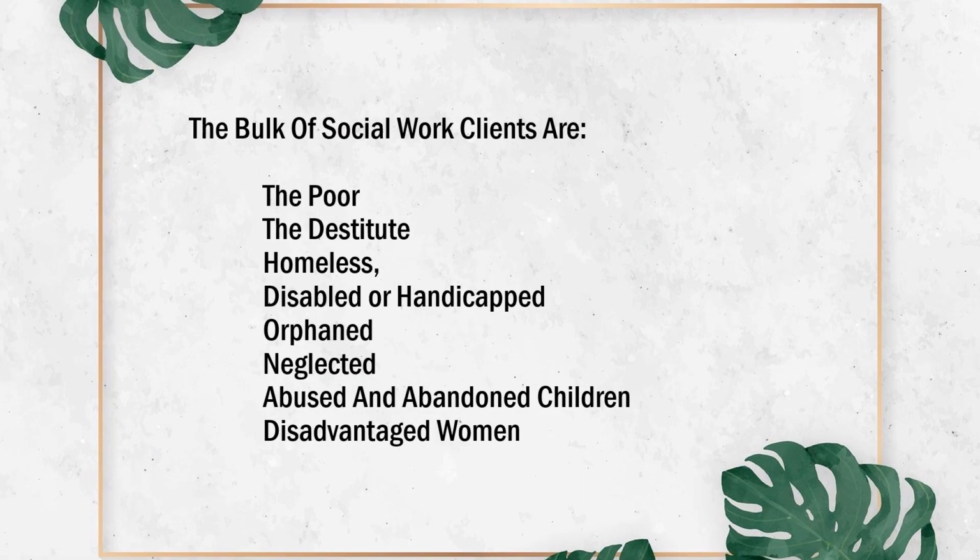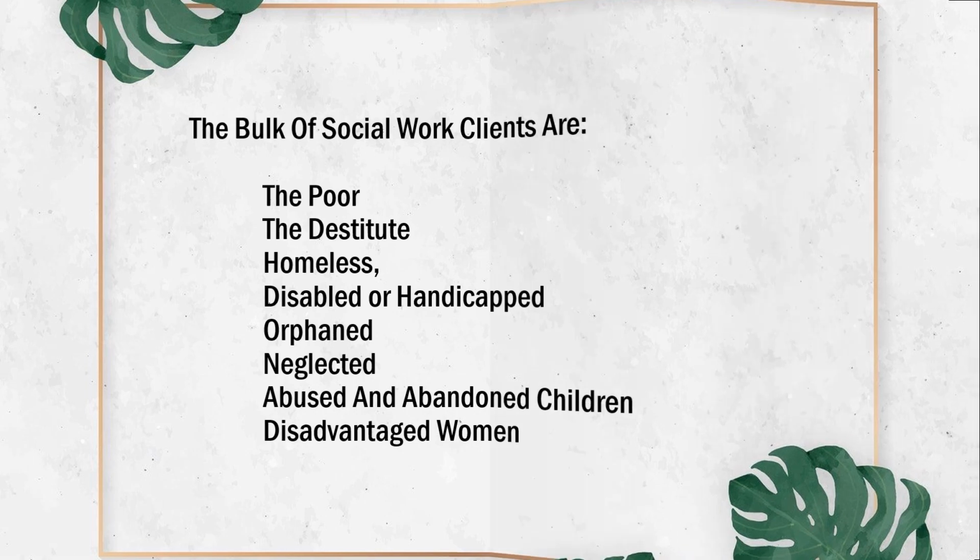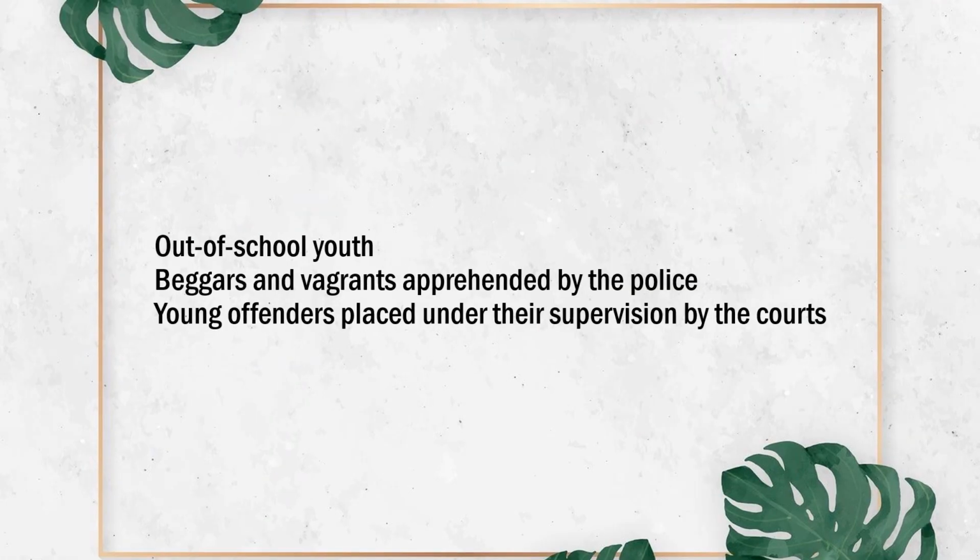The bulk of social work clients are the poor, the destitute, homeless, disabled or handicapped of many third world cities, orphaned, neglected, abused and abandoned children, or disadvantaged women who have been deserted by their husbands and left without any means of support. Many social workers deal with out-of-school youth, with beggars and vagrants apprehended by the police, and with young offenders placed under their supervision by the courts.